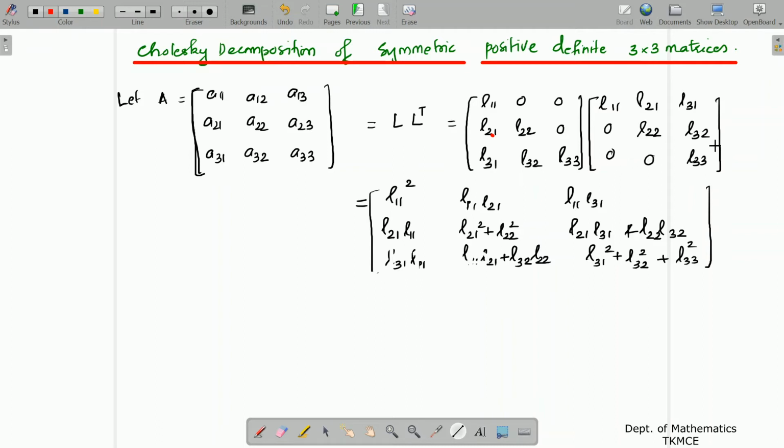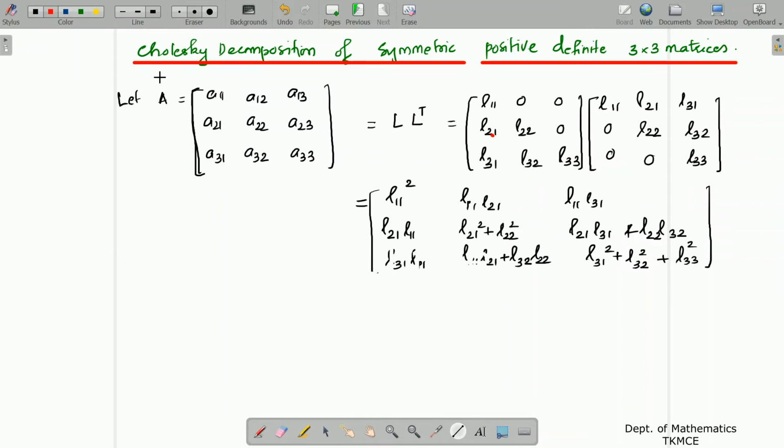Third row multiplied with the third column, L31 square plus L32 square plus L33 square. Now we have to compare this A with the right hand side matrix, which is obtained as a product of L and L transpose.